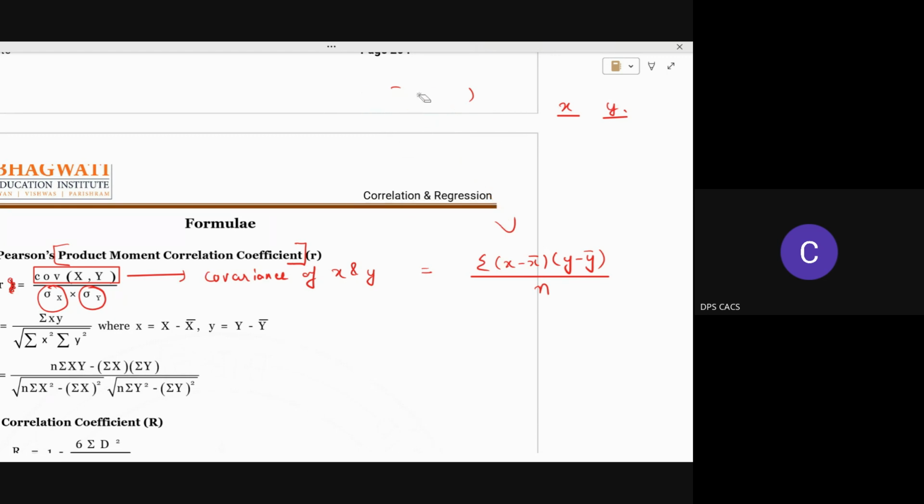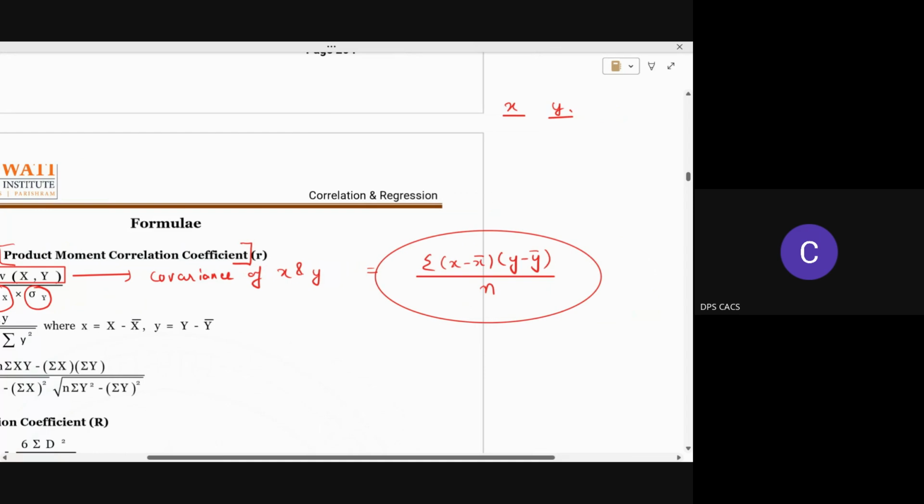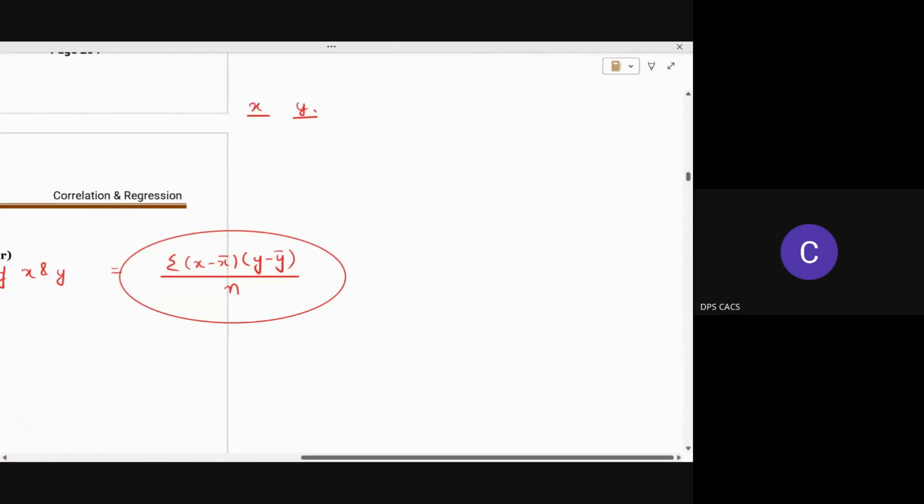Tell me for this formula, which column I am actually requiring. Whatever comes after summation is your column. So x minus x bar into y minus y bar. This is my main column that I need. So first I'll find x minus x bar.